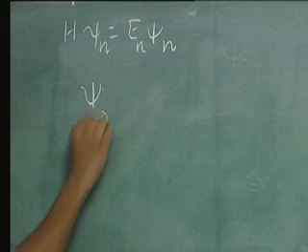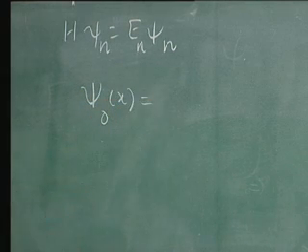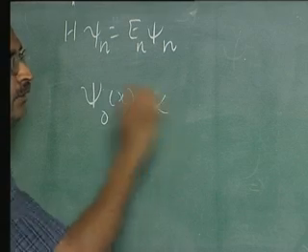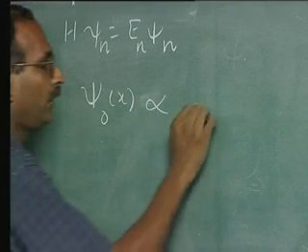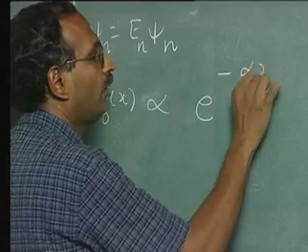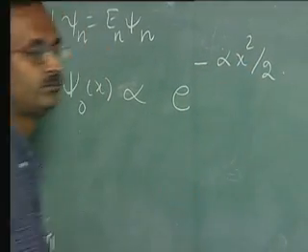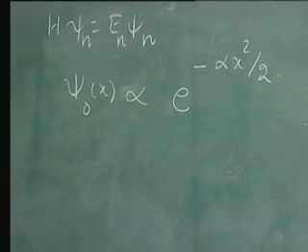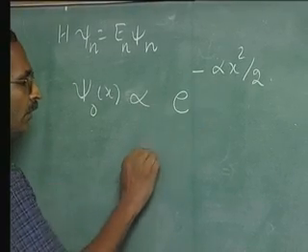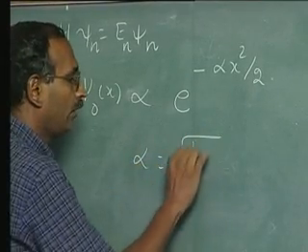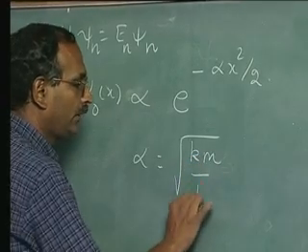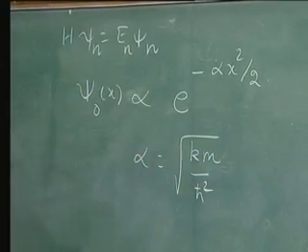The solution for psi naught turns out to be, but for a constant, this is a proportionality, e to the minus alpha x square by 2. What is the value of alpha? Alpha is given in terms of constants we already know, namely square root of k m by h bar square.